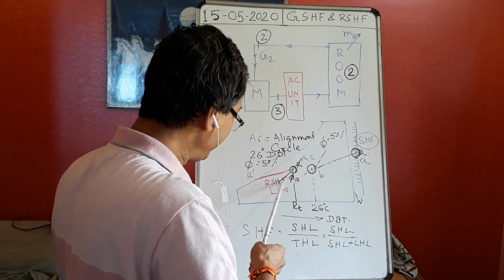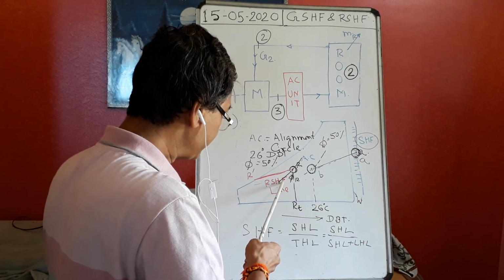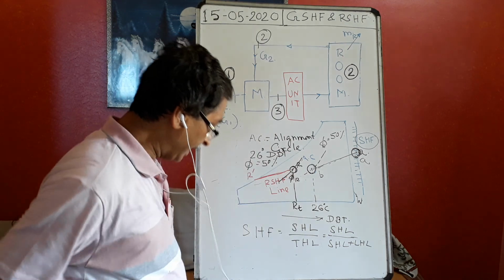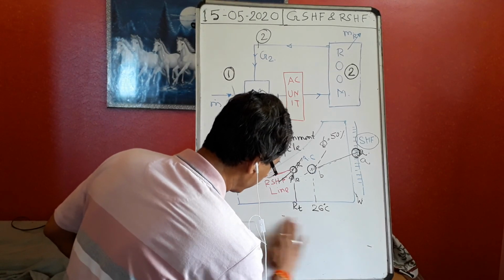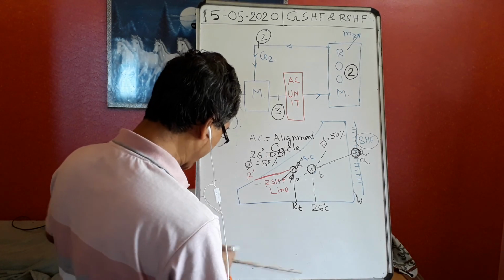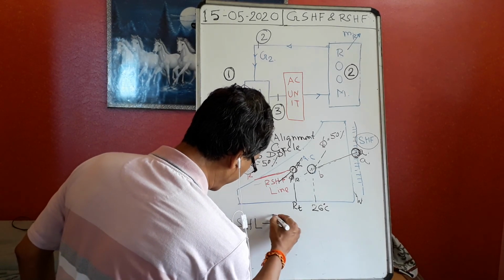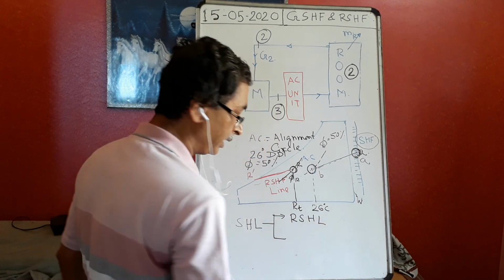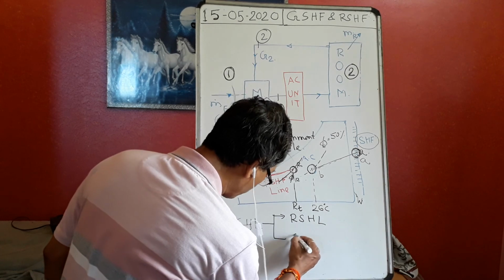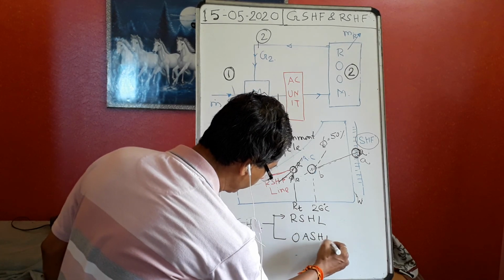What is the room sensible heat factor? Room sensible heat factor means, before that, sensible heat factor I should know. Sensible heat load is also two types: one is the room sensible heat load, and another is the outside air sensible heat load.